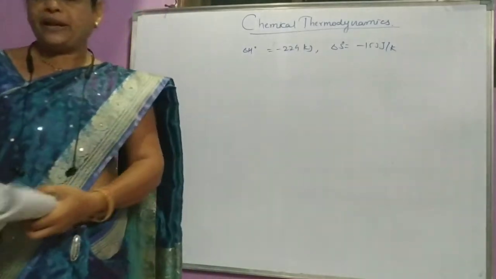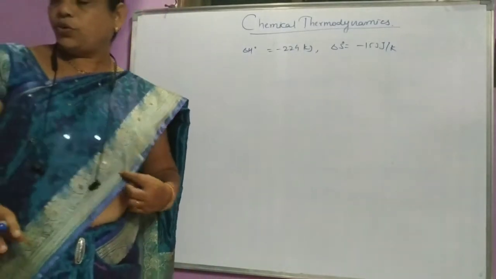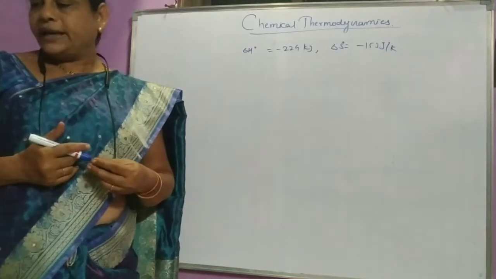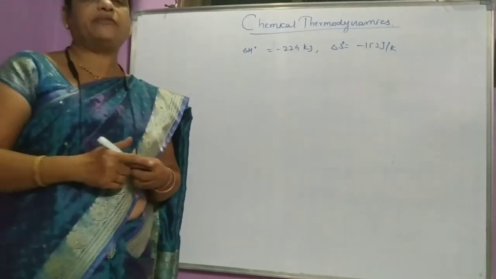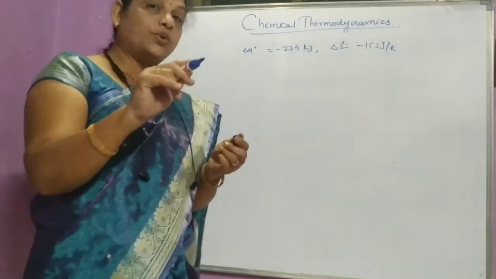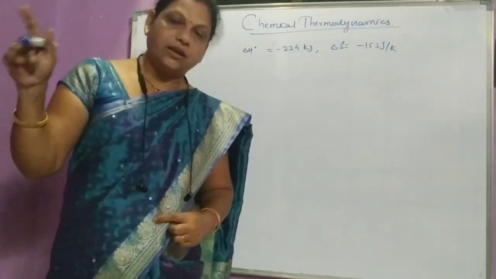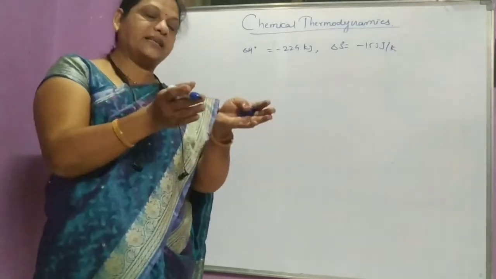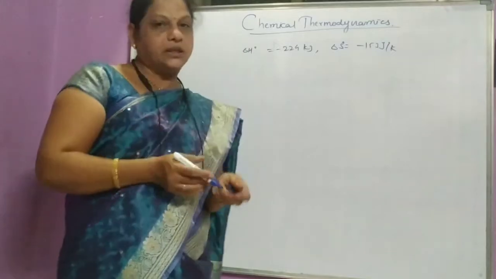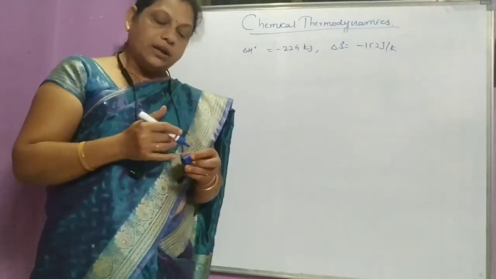At what temperature will the change from spontaneous to non-spontaneous occur? That is at equilibrium, when del G is equal to 0. Del G negative means spontaneous.